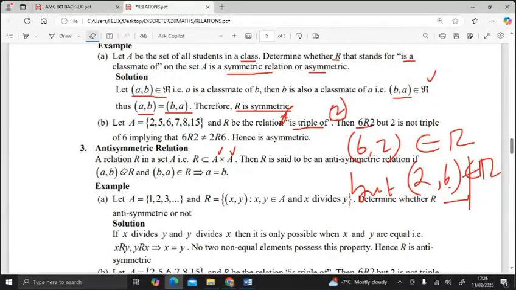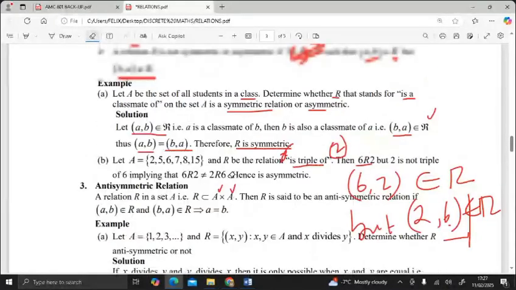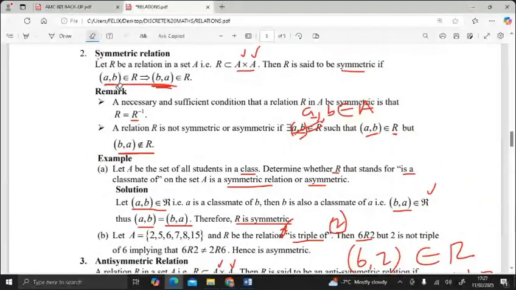A relation R in a set is said to be an antisymmetric relation if whenever A is R related to B and B is R related to A, then A can only be equal to B. I'm allowing a brief pause for the purpose of digesting that.